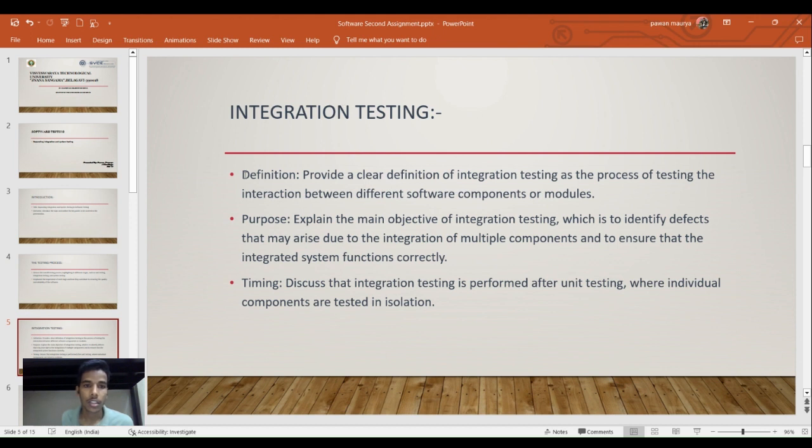Integration testing. Definition of integration testing: provide a clear definition of integration testing as the process of testing the interaction between different software components or modules.